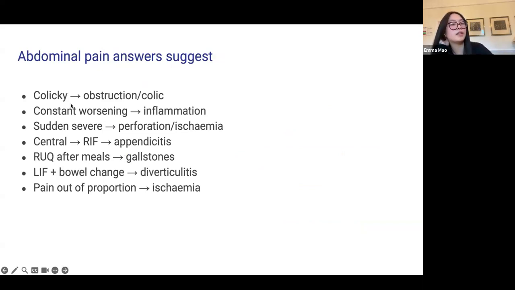So colicky again should make you think about obstruction. If it's constant and worsening, will be more inflammation. If it's sudden and severe, suggest perforation or ischemia. And then if it's central, then moves to the right iliac fossa, suggests appendicitis. Right upper quadrant after meals, gallstones. Lower iliac fossa and bowel change suggests diverticulitis. And then pain out of proportion, you need to think about ischemia, mesenteric ischemia as well.